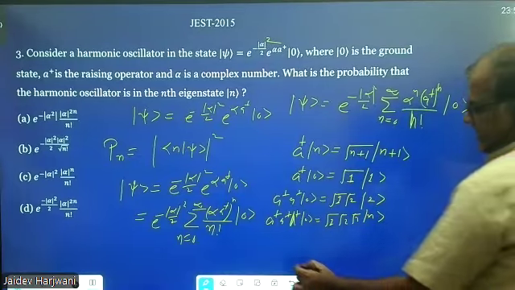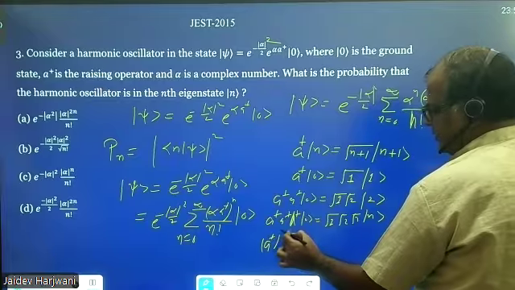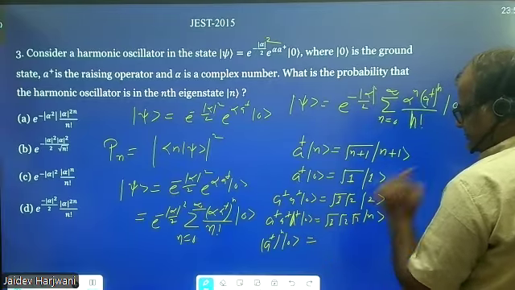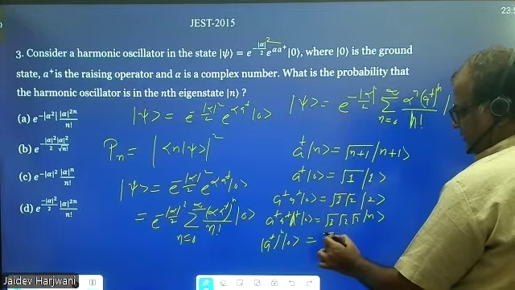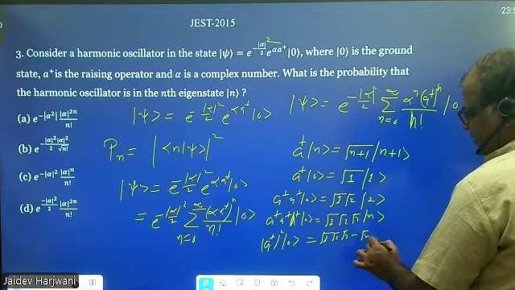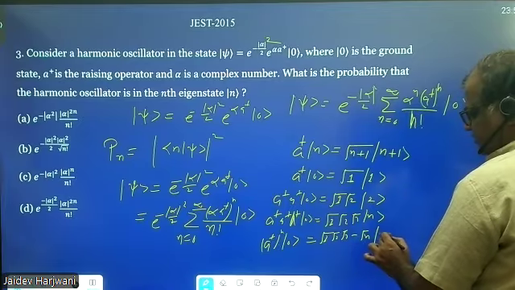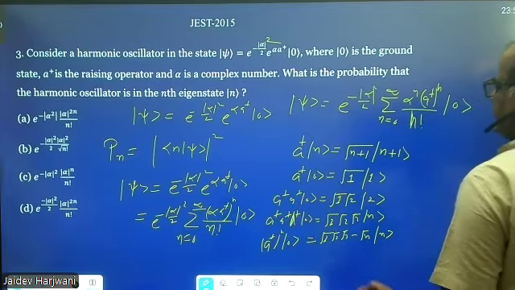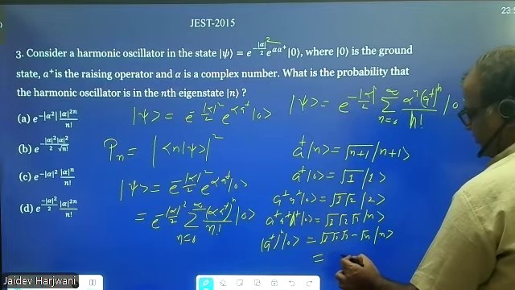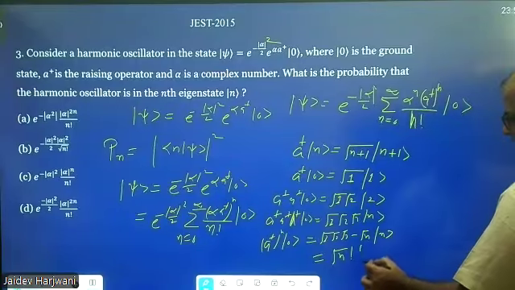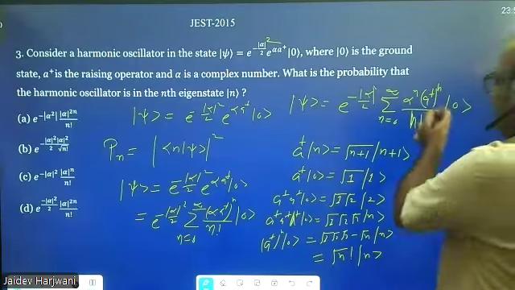So similarly, if I apply a† n times on |0>, this will give me root 1, root 2, root 3, up to root n, and the state will be n. This is the factorial of root n. So this will be root n factorial, and the state is n. Now put the value here.